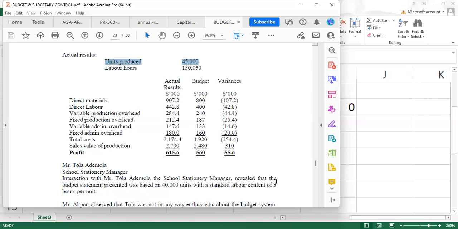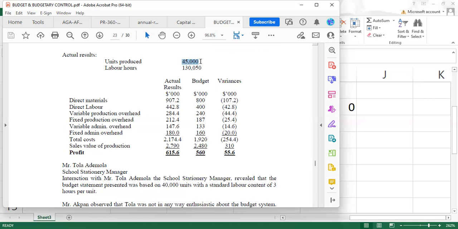Okay. Let's come here. This 800 is based on 40,000, isn't it? Now that we have ended up producing 45,000, are we still going to have the 800? We wanted to incur 800 for 40,000, and we end up producing 45,000.